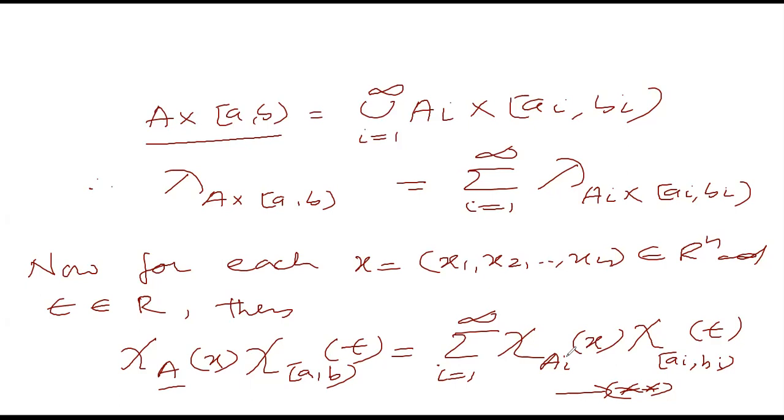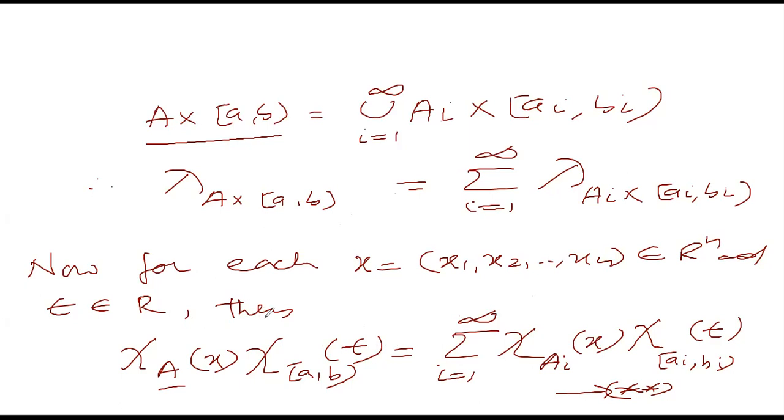So that's simple. Now the second case, you can think about this. If x is not in a or t is not in ab, either one of them, then x comma t is not in a cross ab. Obviously that's trivial, because we know that x comma y belongs to the cross product if and only if x belongs to the first set and y belongs to the second set.